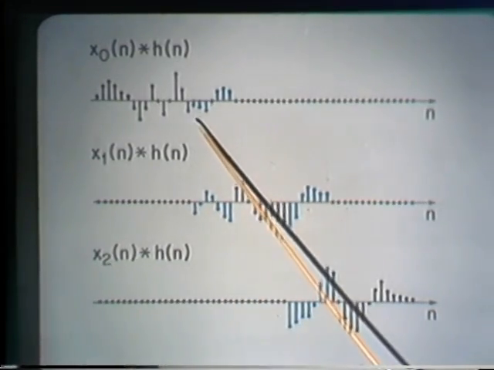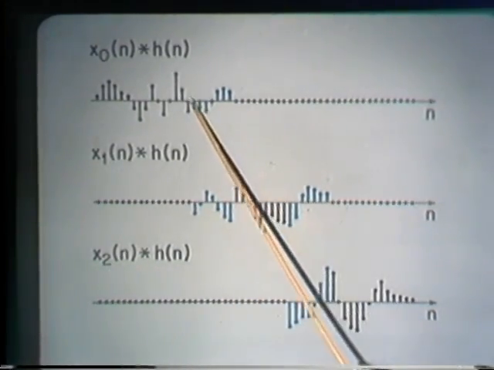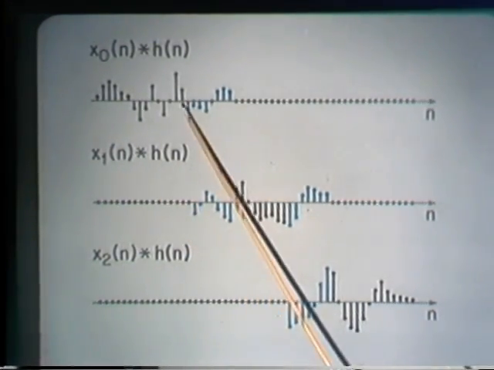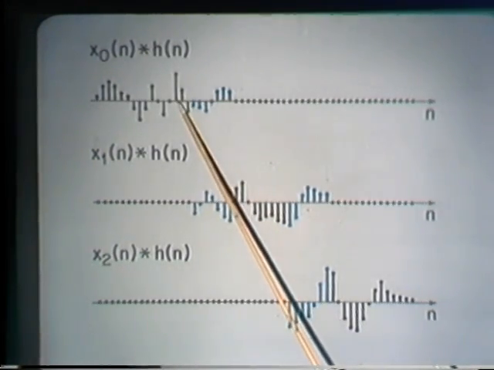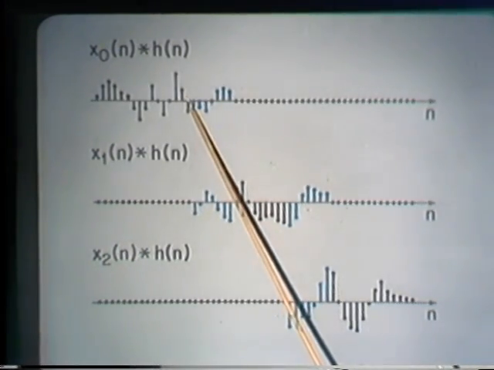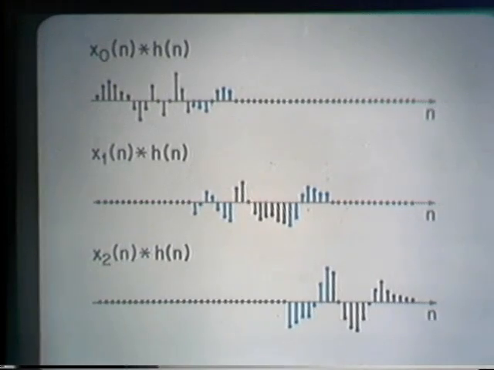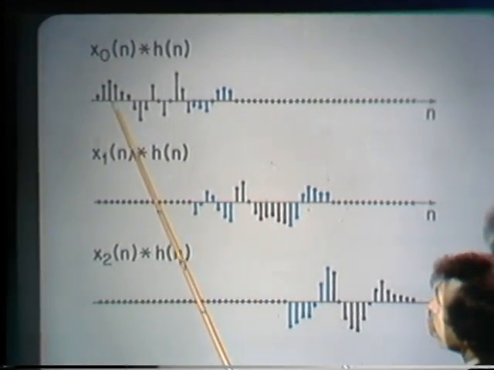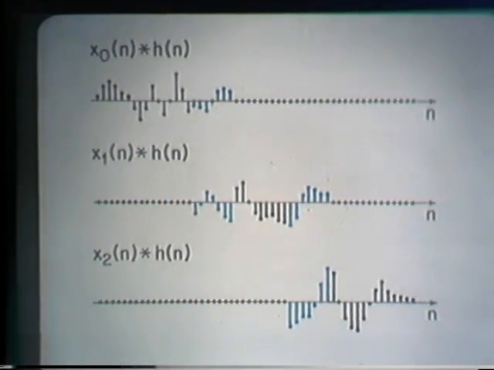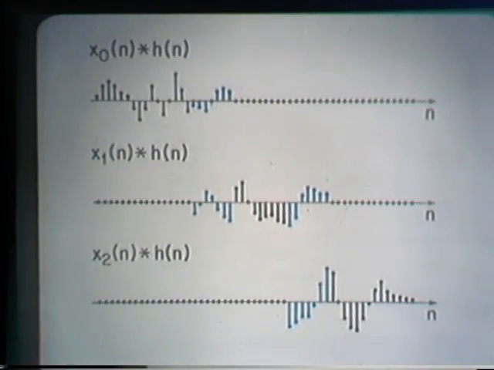Now, we started out with sections of length L. We convolved those with a unit sample response of length m. The resulting length of the convolution will be L plus m minus 1. We've seen that in a variety of ways.